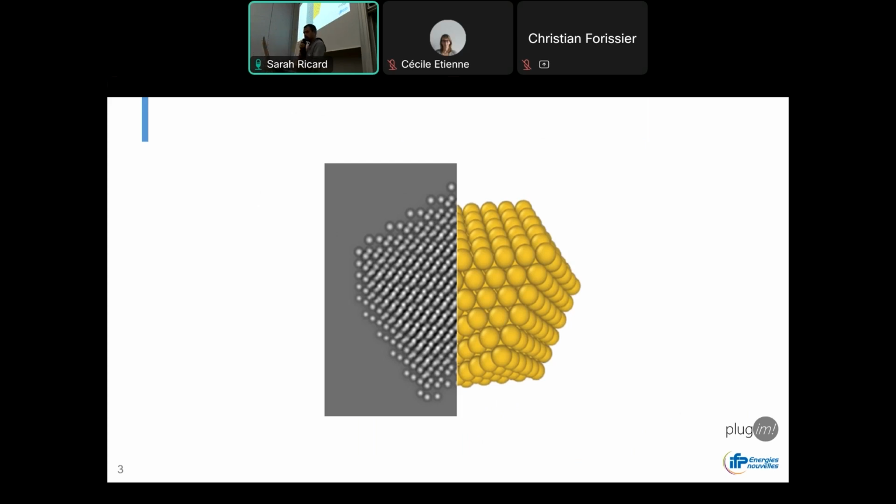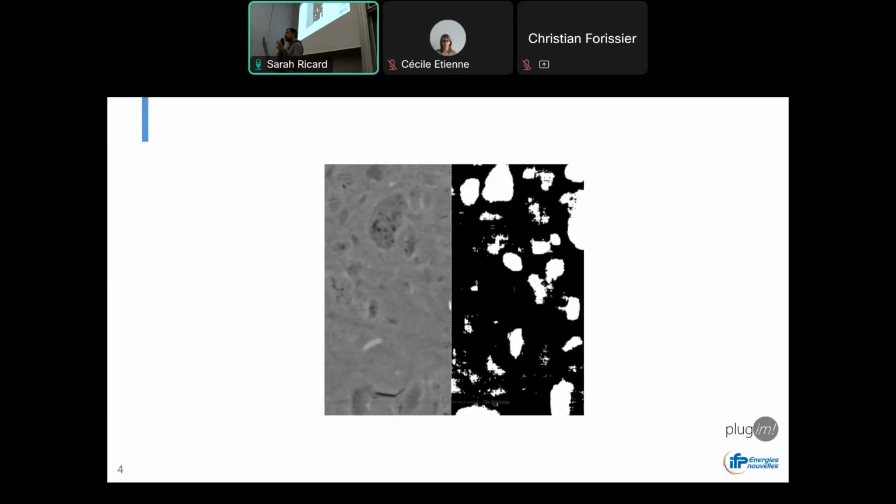Another example, to transform an image to another image. For instance, at the left, you see an observation of a catalyst support that can be used, for instance, for the transformation of plastics, the refining of plastics.